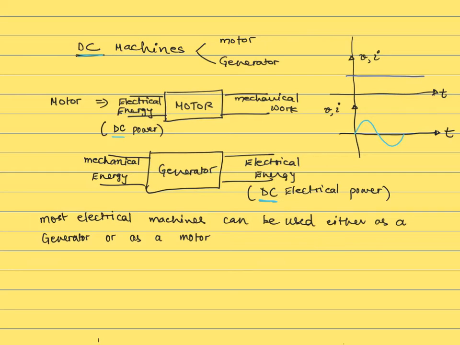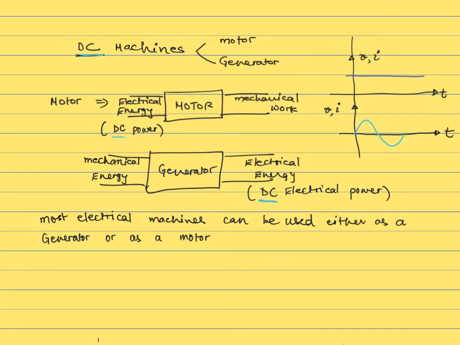So these are the small applications. You can also look at some industrial applications where there are larger electrical machines used with more power handling capabilities, like rock crushers, compressors, pumps. Those are some industrial applications where you can see the use of the electrical motors.